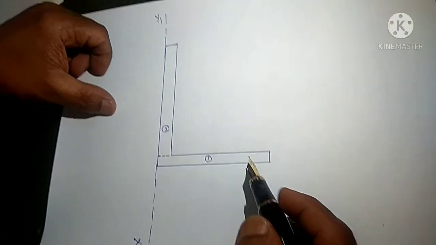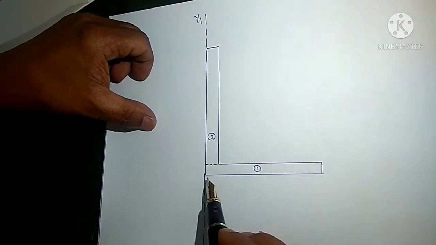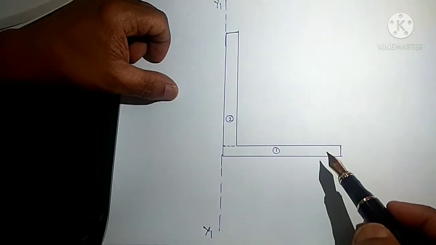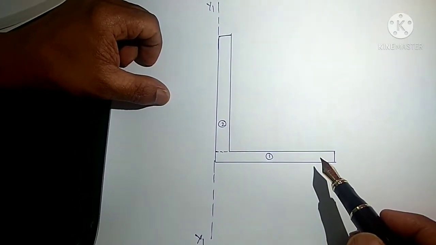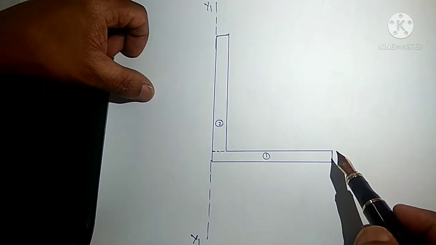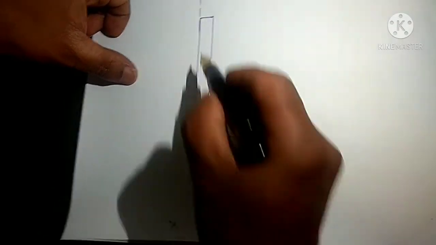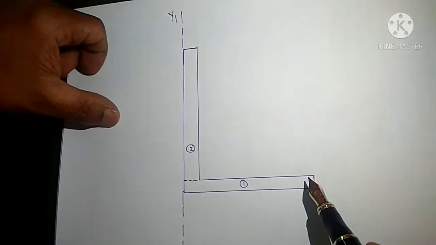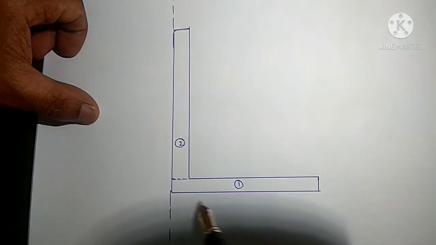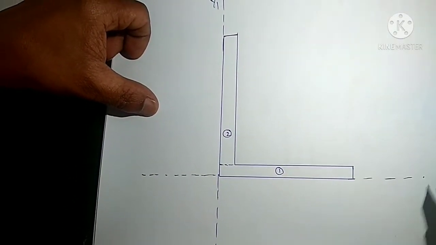Okay. So next we have to find out the moment of inertia of the whole area about the vertical axis. In order to find that, we have to find the centroid of this area. We have already found the centroid of this whole area with respect to this reference axis.